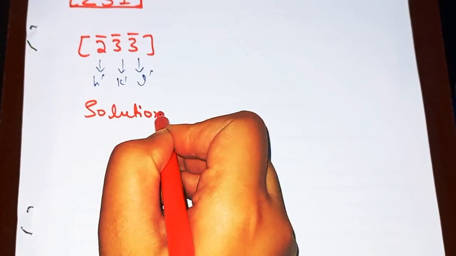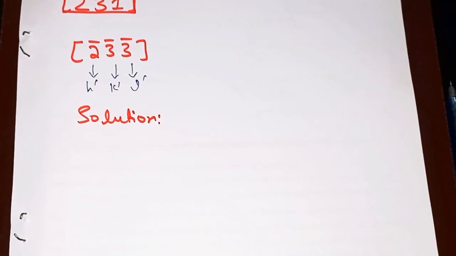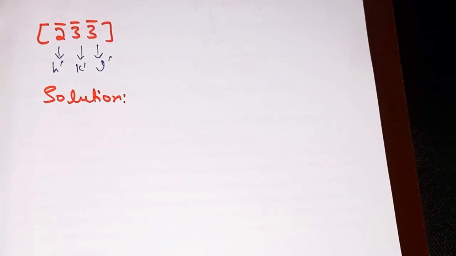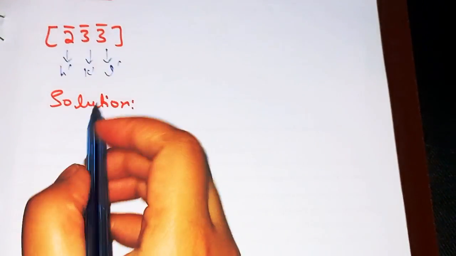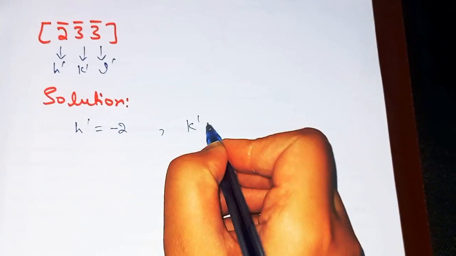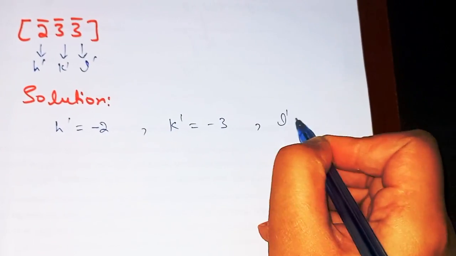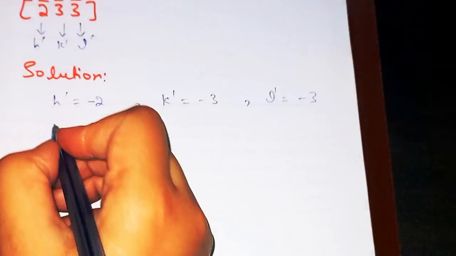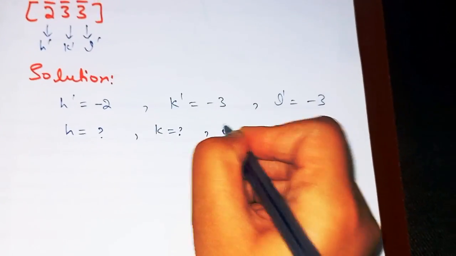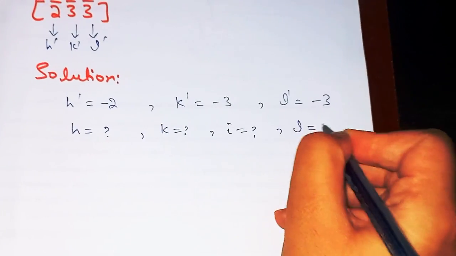Obviously by that point you must have learned how you can do that, but sometimes we have some interesting cases, as we had with 011. So h prime equals -2, k prime equals -3, l prime equals -3, and we need to calculate h, k, i and l.